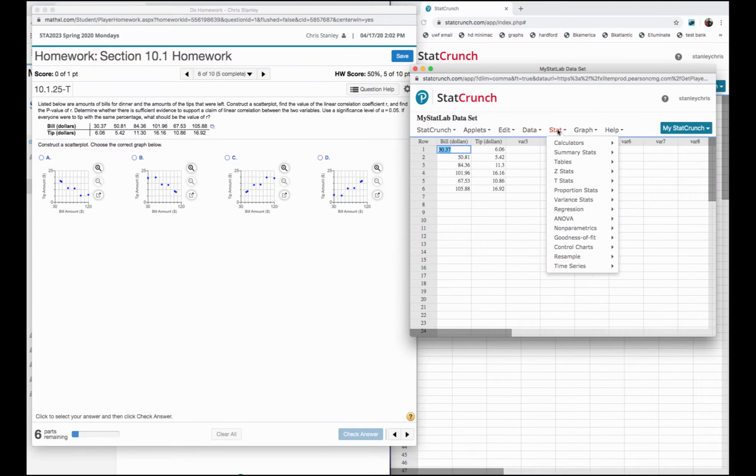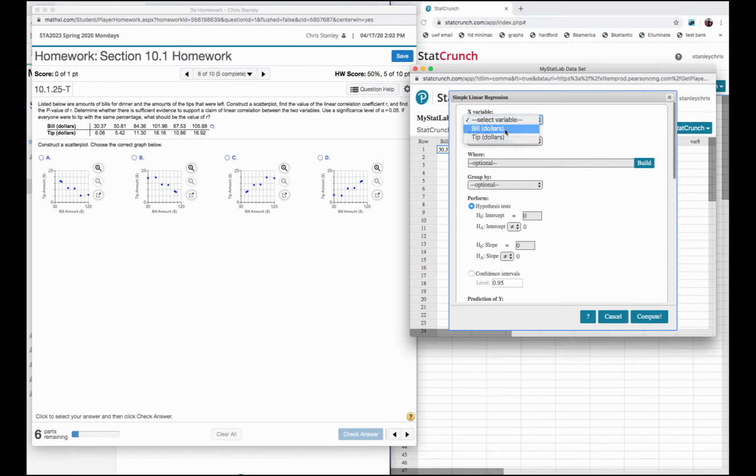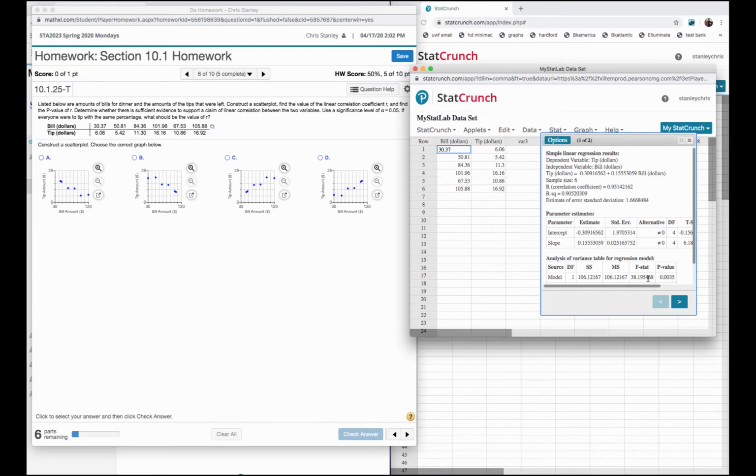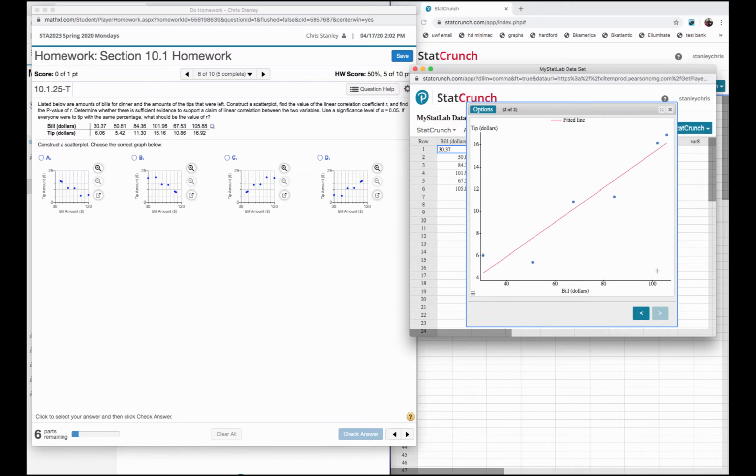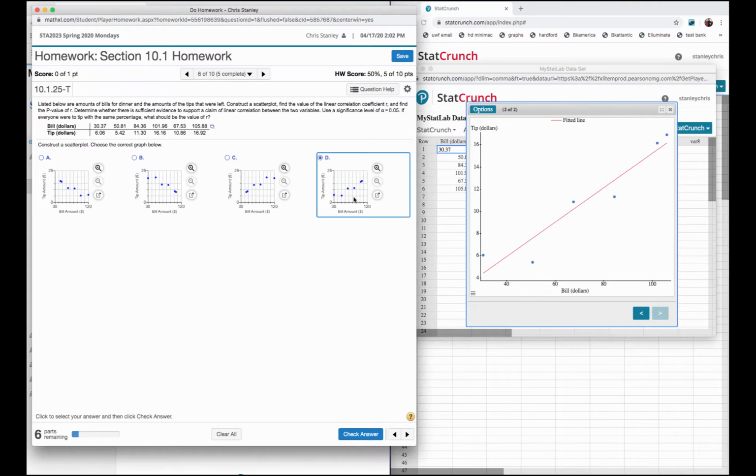So I'm going to go ahead and run the data. Regression, simple linear, bill, tip. So compute. See how these two are bunched up? They're not. So it's D again.